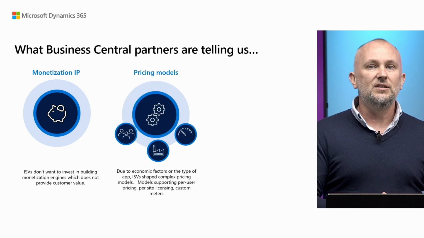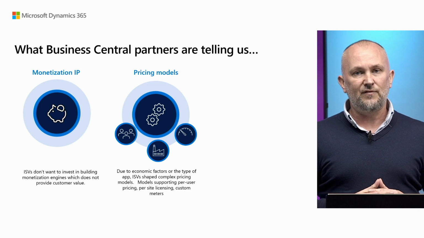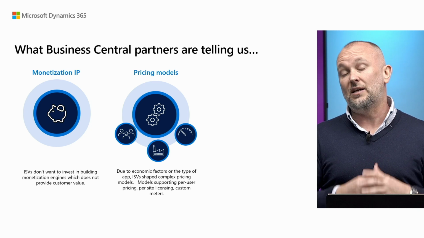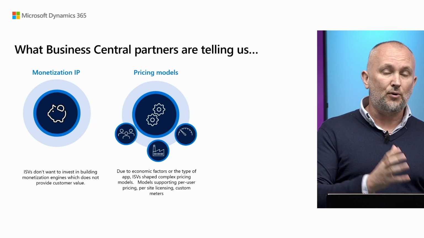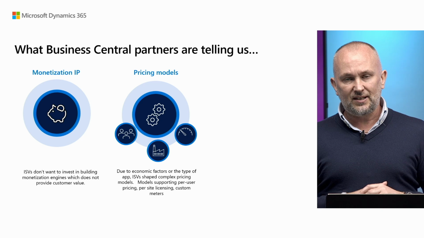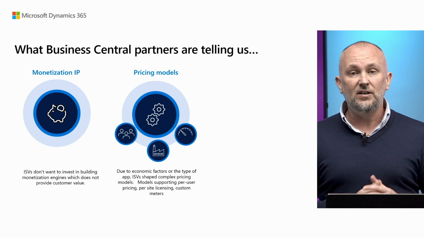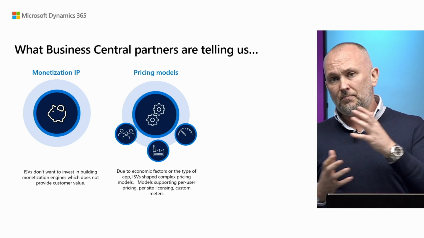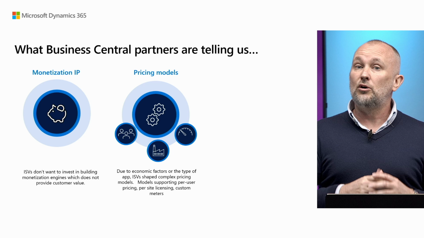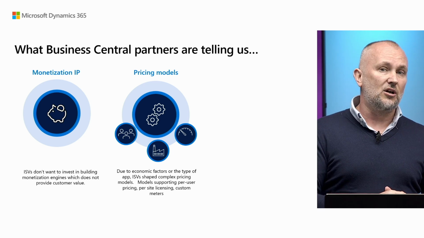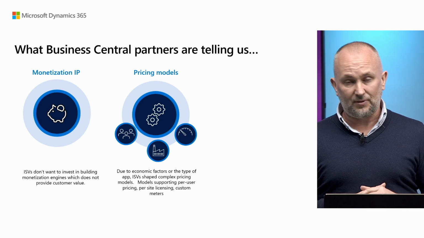The other thing we've seen is that from a pricing model perspective, our ISVs have been really creative. Some ISVs sell the solution based on a per-user pricing model. Others sell it, for example, per company or for a one-time fee. Another batch of partners sell it based on what we call custom meters, and that could be, for example, per payslip, per transport order, or per transaction.